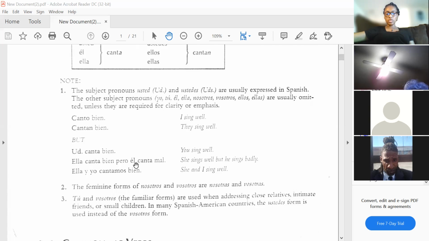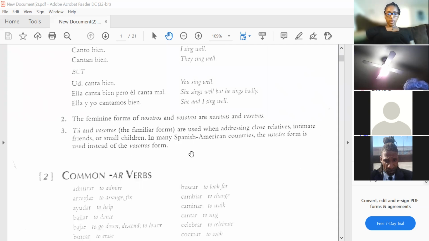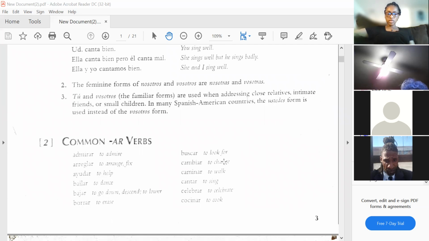So she sings well, but he sings badly. The feminine forms we've already discussed, nosotras or vosotras, end in as. Tú and vosotros are the familiar forms used when addressing close relatives, intimate friends, or small children. In Spanish American countries, the ustedes form is used instead of the vosotros form.